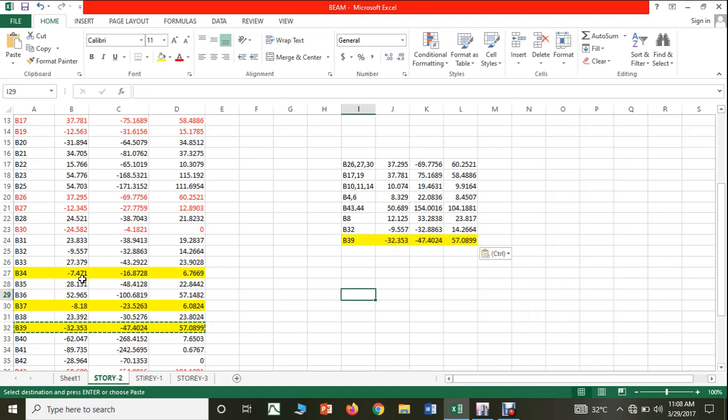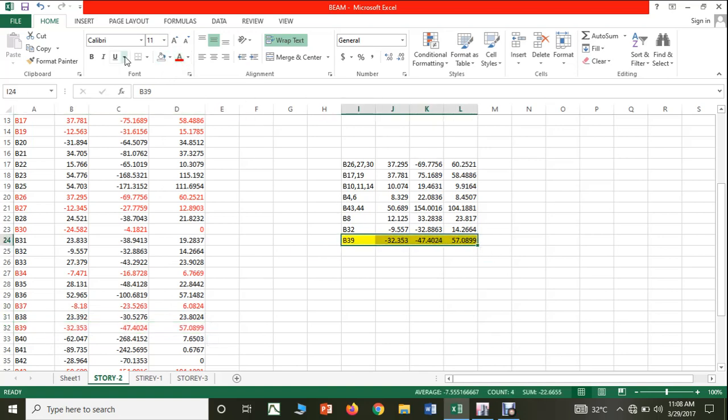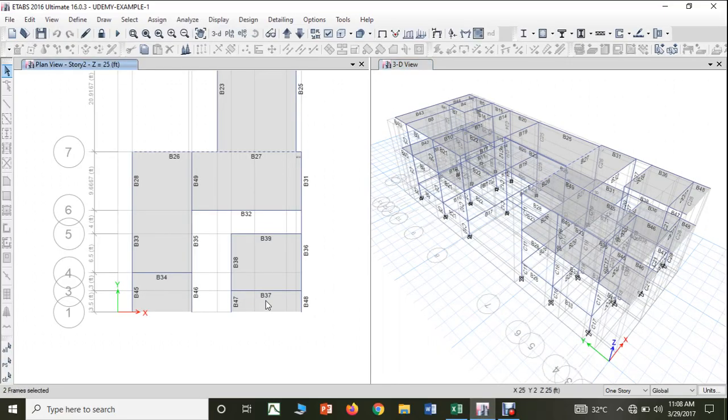Yes, you can provide these three. So that is about 34, 39 and 37. With respect to horizontal, all beams are completed.